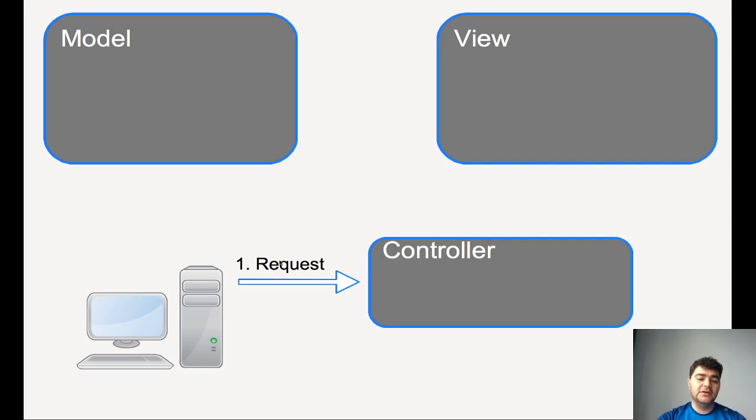The request is handled by the controller section. Then the controller takes this request and handles the request flow, passing it to the model and view, the other sections of the pattern.